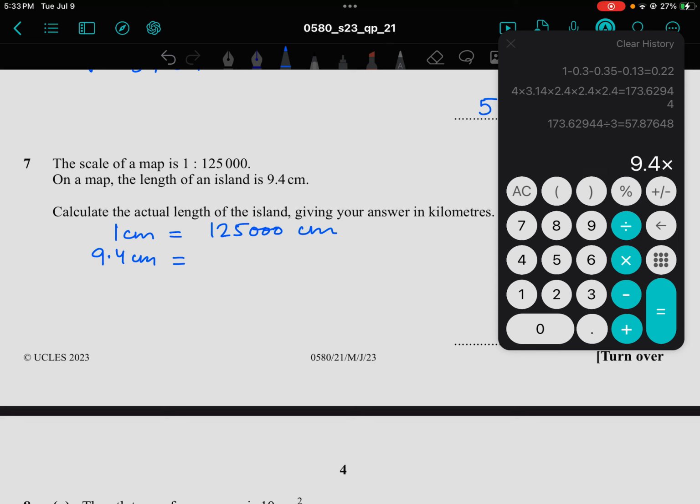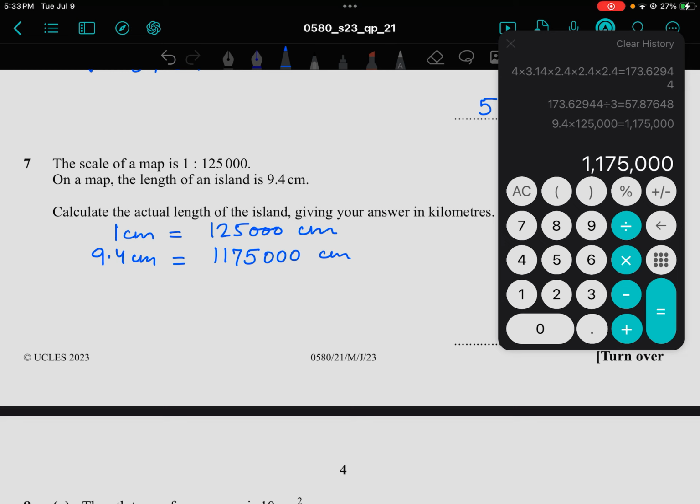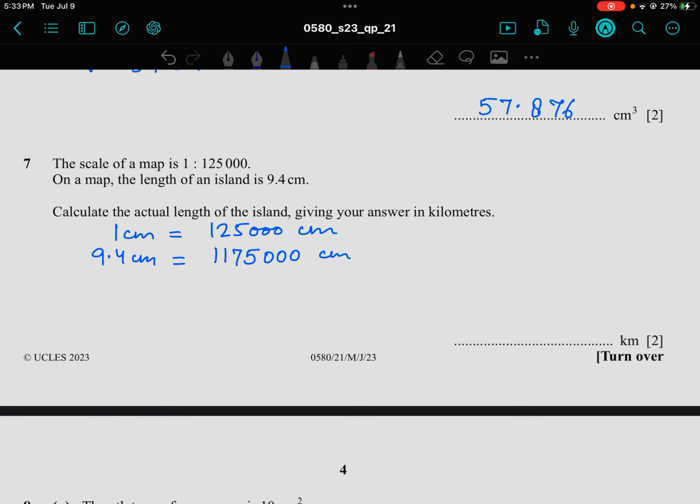9.4 into 125,000, giving me 117,500 centimeter. Now you have to find your answer in kilometers. So change the centimeter into kilometer.